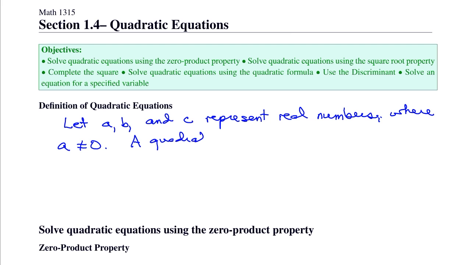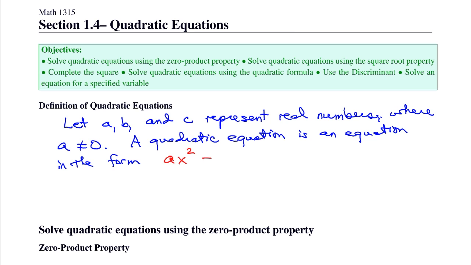A quadratic equation is an equation in the form ax squared plus bx plus c equals 0, where x is the variable.